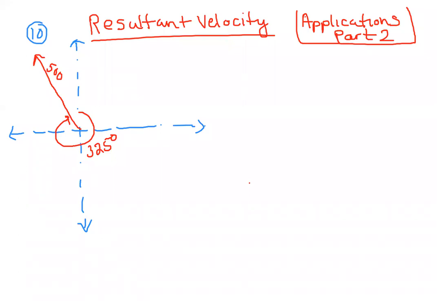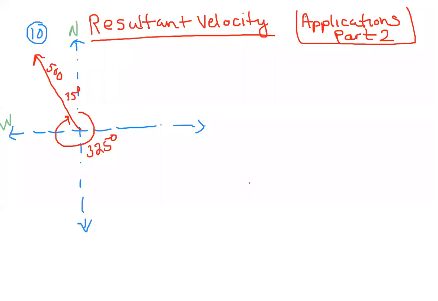Then it encounters a wind velocity of 60 miles per hour in the direction of north 75 west. So we've got to draw that in. Here's north, here's west. We have to decide, is it between the y-axis and the airplane, or between the x-axis and the airplane? This little angle here is 360 minus 325, which is 35 degrees.